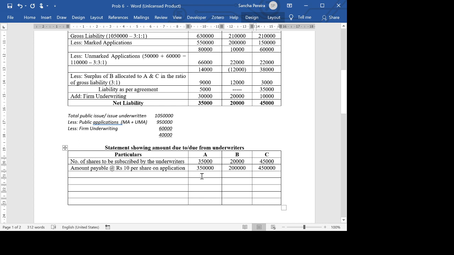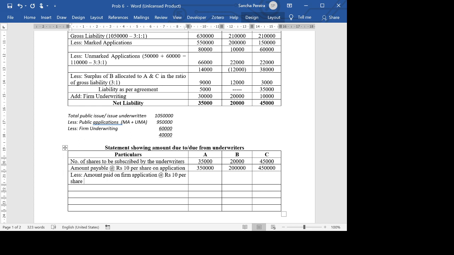We call it firm application, because it's paid for firm underwriting. So what I do is, less: amount paid on firm application at the rate of rupees 10 per share. So they've already paid 10 rupees on their firm underwriting, because that happened much in advance.